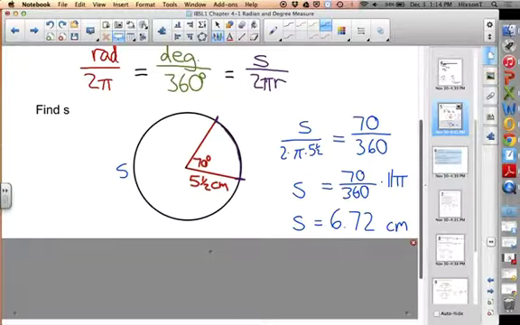How do you know what the circumference is? You just do 2 pi r. Or, what I would probably do is, if that's 70, that means this whole angle would be 290 degrees. And then you do the same thing but with 290 instead of 70. That would be a little bit faster in the end. So, good question.